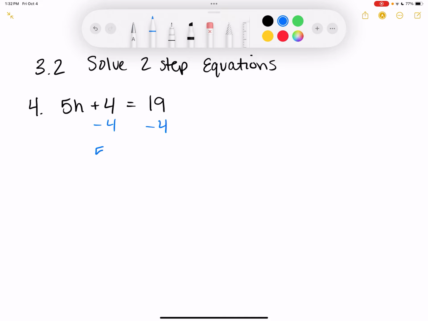So I'm left over here with 5h equals 19 minus 4 is 15. Then I need to get h by itself, so I need to divide by 5. So h is equal to 3. So always do the adding and subtracting part first, and then multiplying and dividing is the last thing that we do.